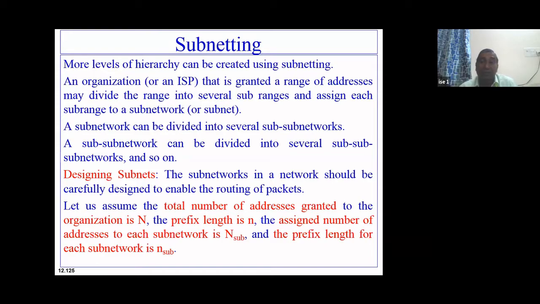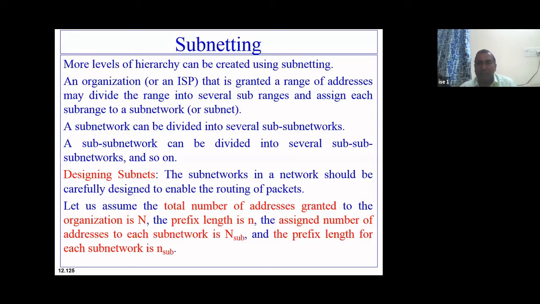Now, if I have 6 subnetworks, 32 are the granted addresses. Network addresses should always be a power of 2, and 32 is nothing but 2 to the power 5. So 32 addresses are there, but I want to create 6 subnetworks out of this.